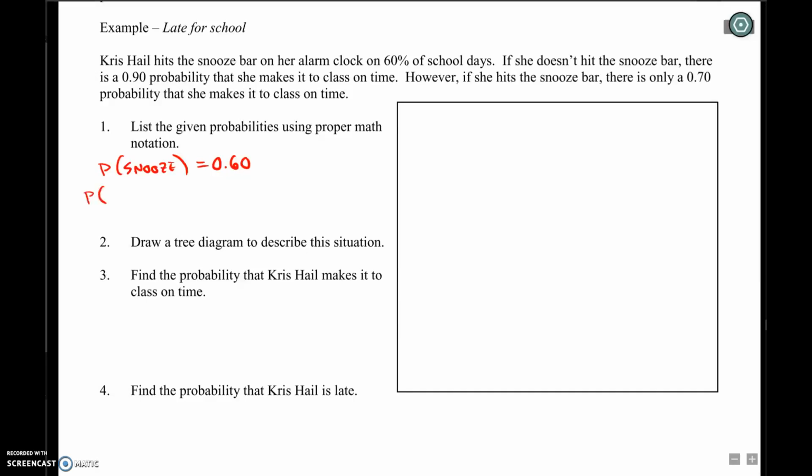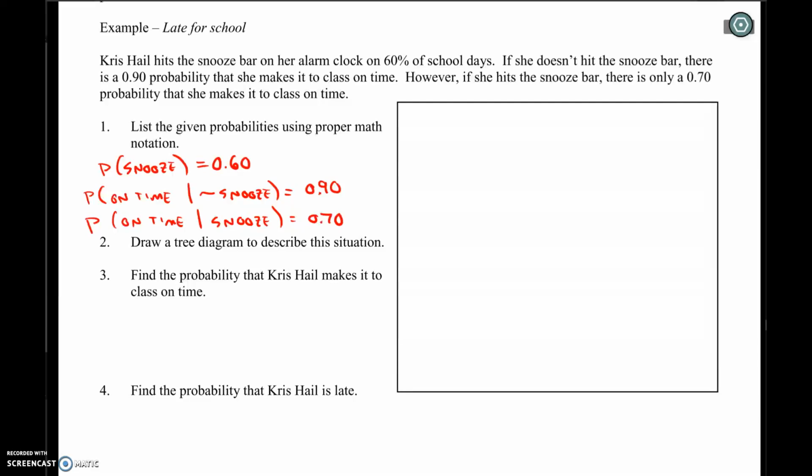So the probability she's on time given she doesn't hit the snooze is 90%. And if she does hit the snooze, there's only 70% she makes it. So this is the probability she's on time given she hits the snooze. Those are the probabilities that they gave us.